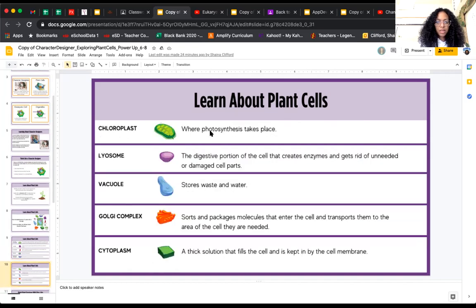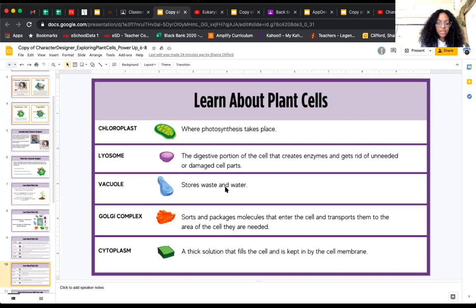Chloroplasts, as they said, are where the photosynthesis takes place, and they help provide the chlorophyll that gives the plants their green color. The lysosome is the digestive portion of the cell that creates enzymes and gets rid of the unneeded or damaged cell parts. Oh, that's kind of cool. So if you ever notice plants dropping their own flowers and leaves when they're unnecessary, it's probably because this thing is saying, hey, get rid of that, it's damaged.